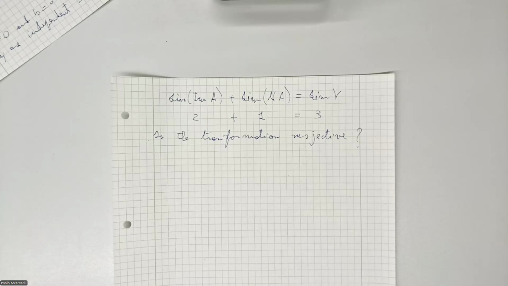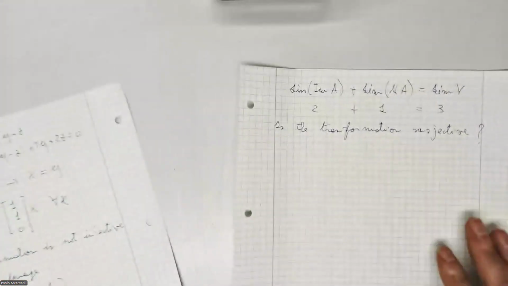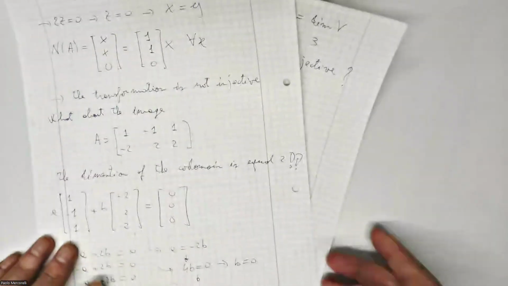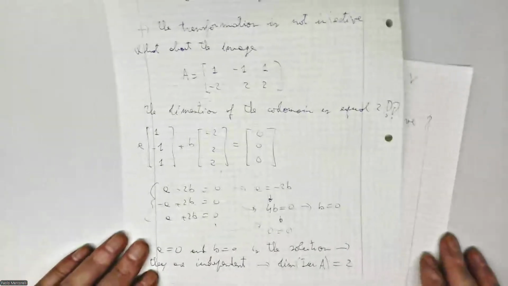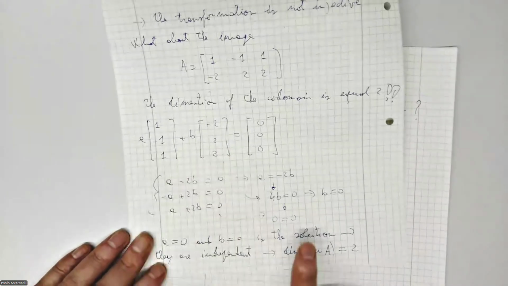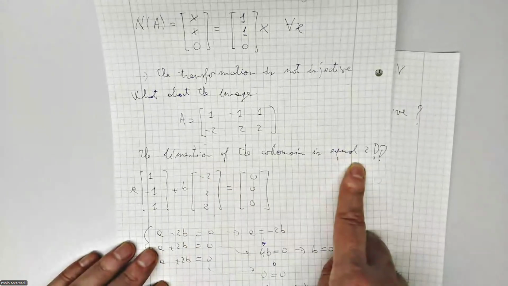In your opinion, let me switch. Yeah, this is correct. In the slide, we have an error. We have the dimension of the image equal to 2, if I didn't make mistake here, because we have two independent rows. But also the dimension of the codomain is 2.